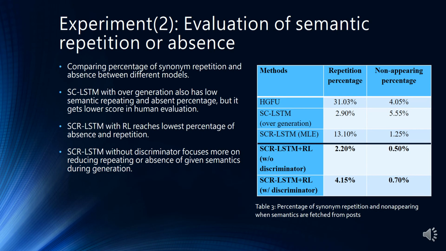Here we also try to evaluate the influence of the discriminator in our method. So we have a model trained with a discriminator and another without a discriminator. It turns out that a model without a discriminator can focus more on reducing repeating and absence of semantics during generation. But the generated sequences are less diverse and also shorter.